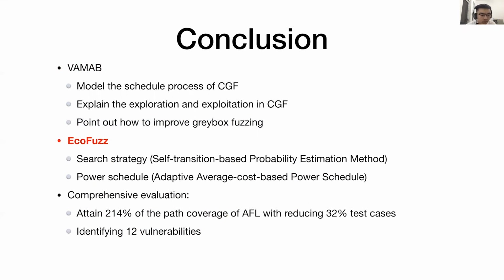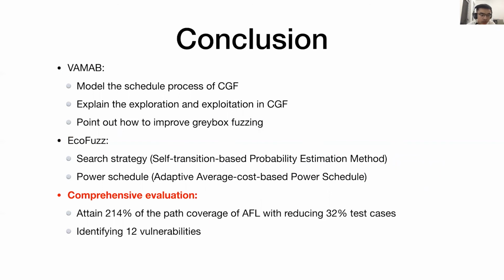Based on this model, we developed a tool named EcoFuzz. EcoFuzz implements a new search strategy to estimate the reward probabilities of seeds and select the high reward probability seeds in the exploitation stage. We also develop an adaptive, average cost-based power schedule to allocate energy.